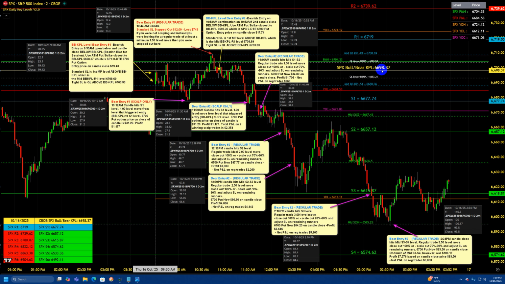It's 6698.37, so the 6700 strike is closest to that. This is a bearish signal, so that is a put option. So you would use the SPX 0DTE 6700 put option.